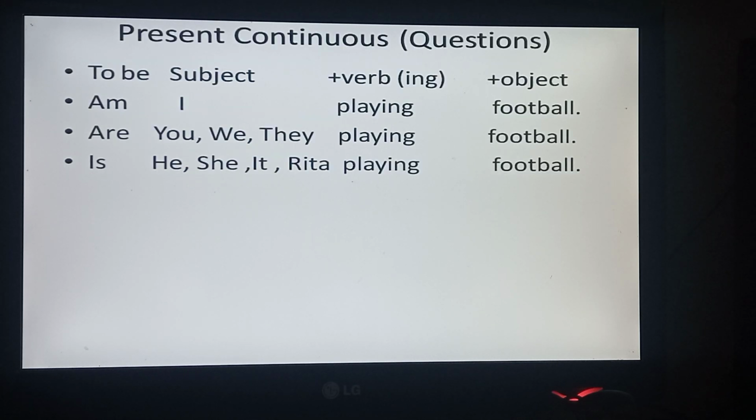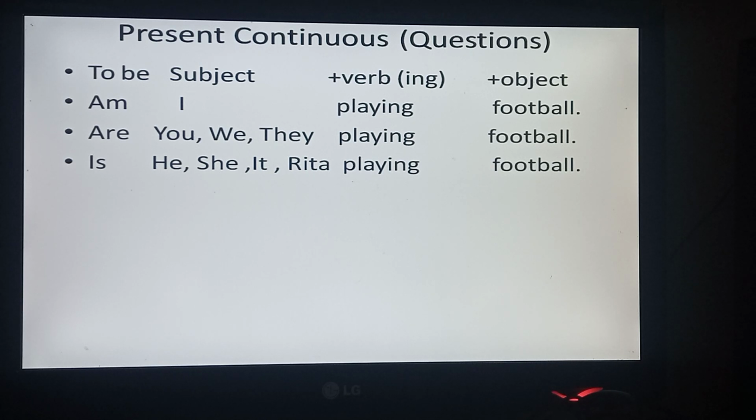Next, the third one is present continuous questions. In the positive sentence you have seen the subject comes first, to be comes second, then the verb with ing plus object. But in questions, the to be comes first, then the subject, then the verb with ing plus object.